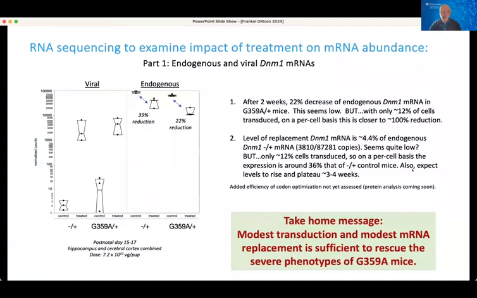Also, it's known that the production increases up until about 3 or 4 weeks. So we expect it to be higher. And we've not yet assessed the codon optimization feature, the protein analysis coming. So these last few slides, the take-home messages, that degree of rescue I showed you required only modest transduction and modest RNA replacement. So we thought that was nice.